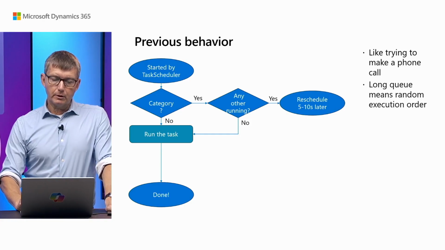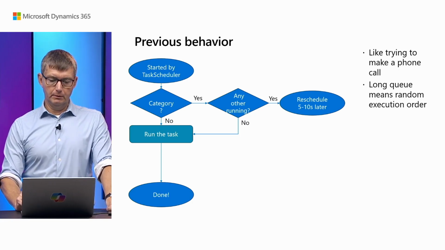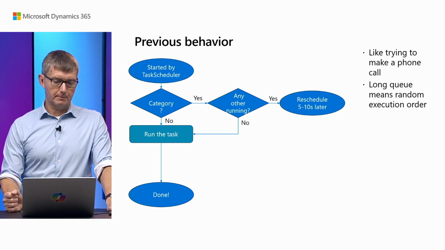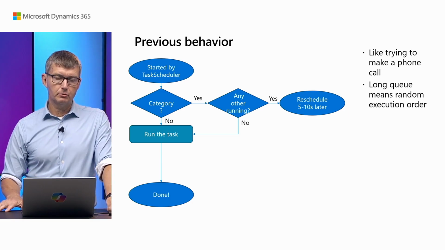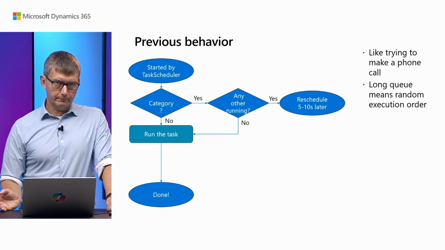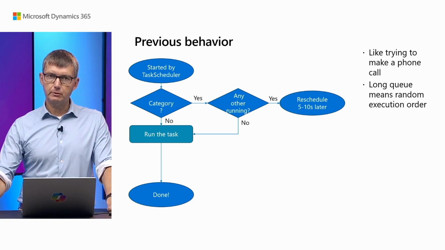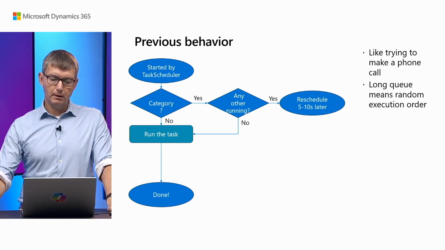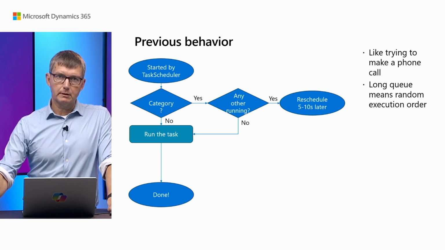And that works fine if very few people schedule this at the same time. But if there's a long queue, it means you need to call very often, like the pizza delivery or doctor. You need to try many times before you get through. But it also means that the execution order is random.